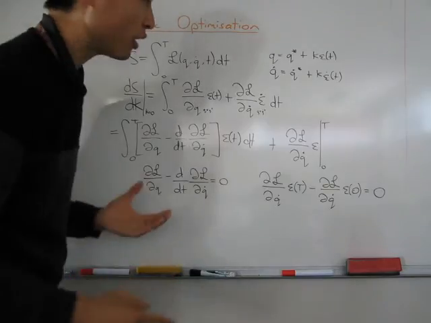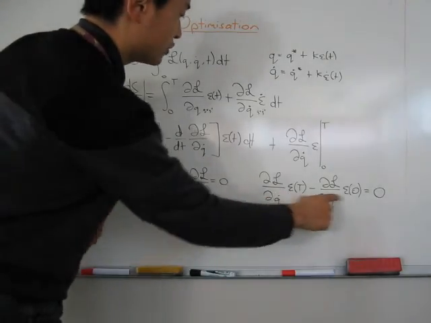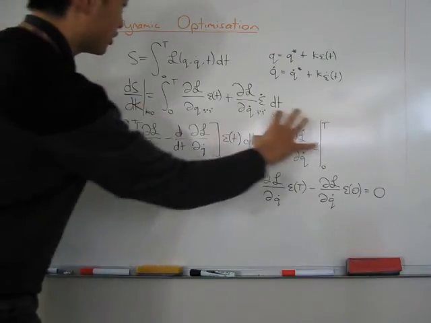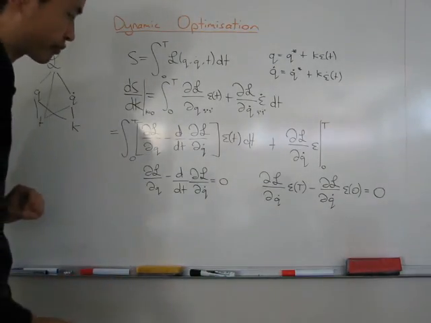If any of them were not equal to 0, then we could choose epsilon to violate the rule that this quantity has to equal 0.